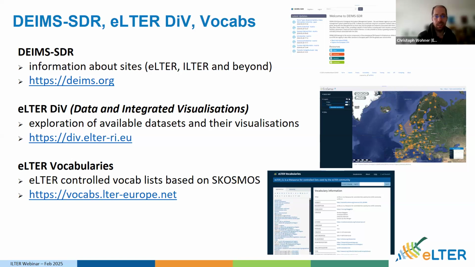We have the eLTER DIV, so you can go there to explore available datasets and visualize them. So whenever we have service-based data, you can actually render them in a map in there. We also have vocabularies where you can look up definitions of dataset descriptions.